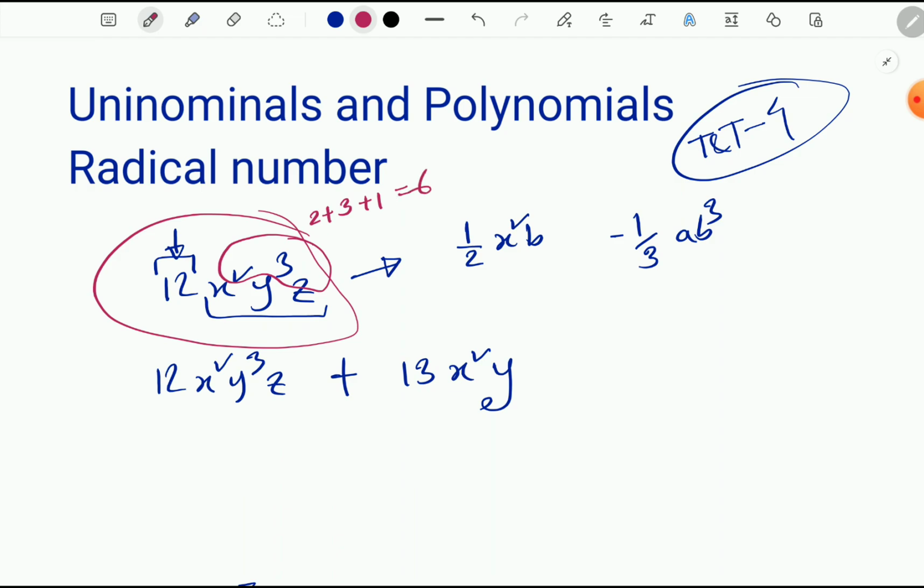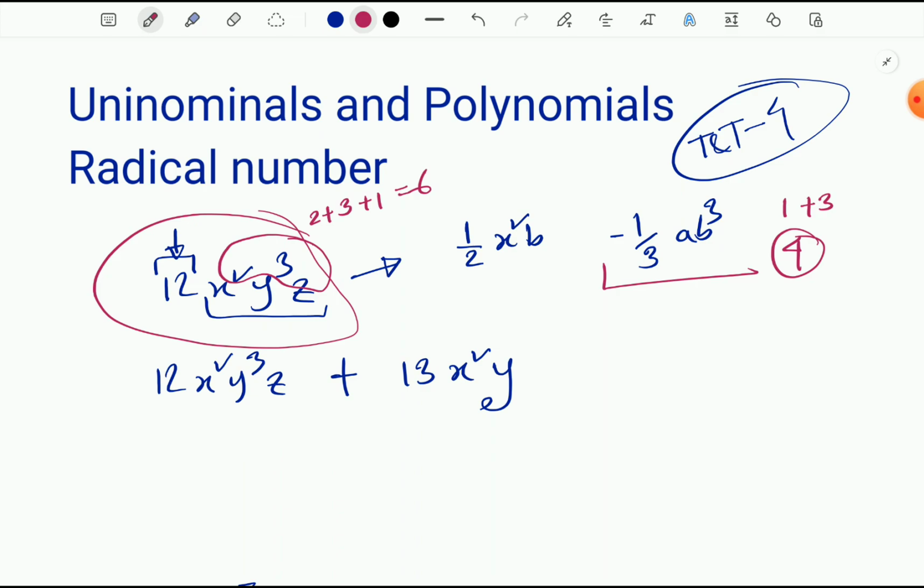So the degree of the monomial 12x square y cube z is 6. How about this case? a has power 1, b has power 3. If we sum them, it gives us 4. So this is the degree of the monomial minus 1 by 3 a b cube.